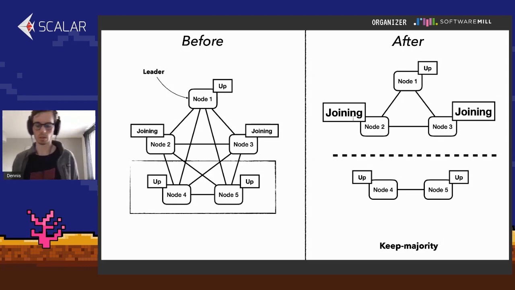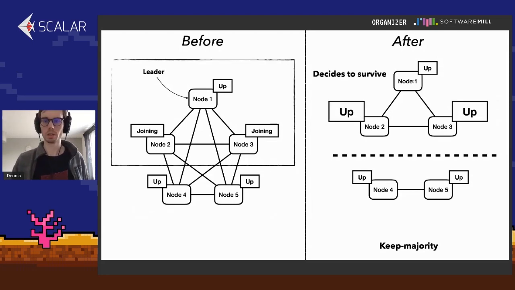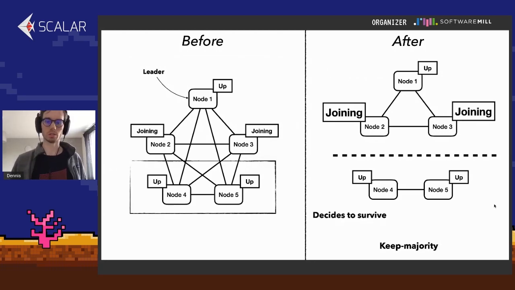As I explained at the beginning, nodes can always join the cluster at any time, but just not move to the up state where they can really take part in the cluster tasks, like hosting shards and everything. So they will decide to survive because, well, we're 2, it's 1 on the other side, we're a majority. So this side decides to survive, and the other one decides to survive. You have a split brain.